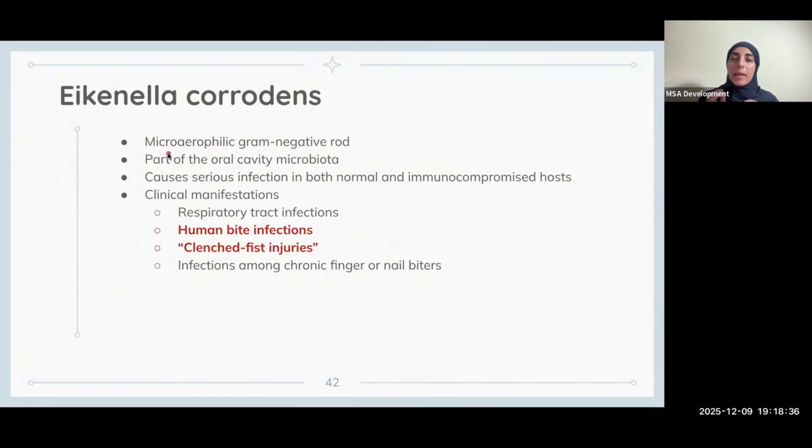Microaerophilic means that it needs very little oxygen to survive, and it's basically found in the oral cavity microbiota, and that's why it's important when it comes to human bite infections as well as fist injuries, fist fighters, because when someone bites someone, the bite can get infected by this because it's found in their oral cavity.